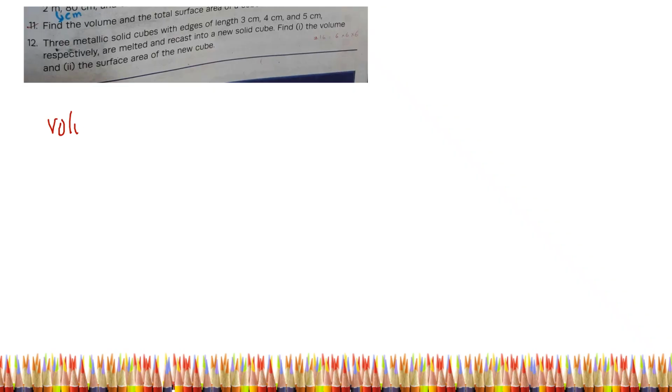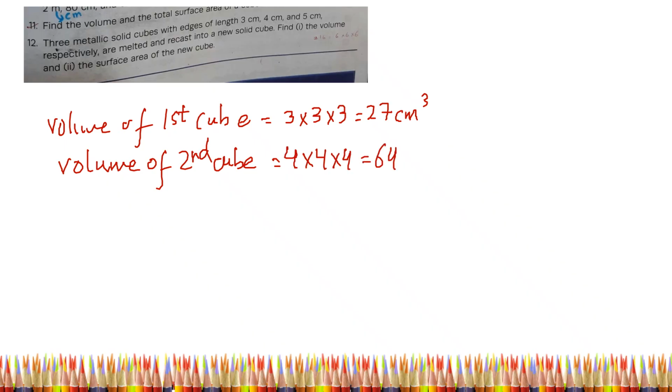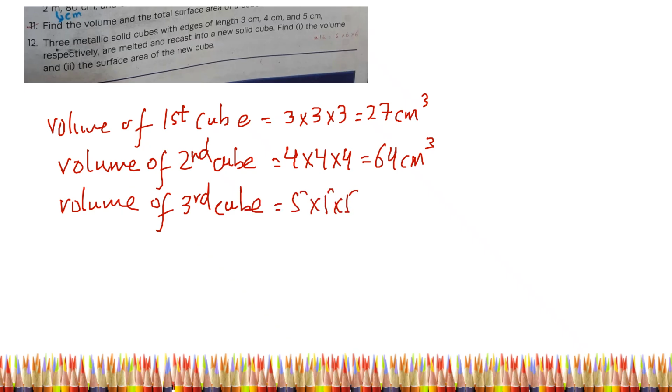The volume of the first cube is 3 multiplied by 3 multiplied by 3, which is 27 centimeter cube, and the volume of the second cube will be 4 multiplied by 4 multiplied by 4, which is 64 centimeter cube, and the volume of the third cube will be 5 multiplied by 5 multiplied by 5, which is 125 centimeter cube.